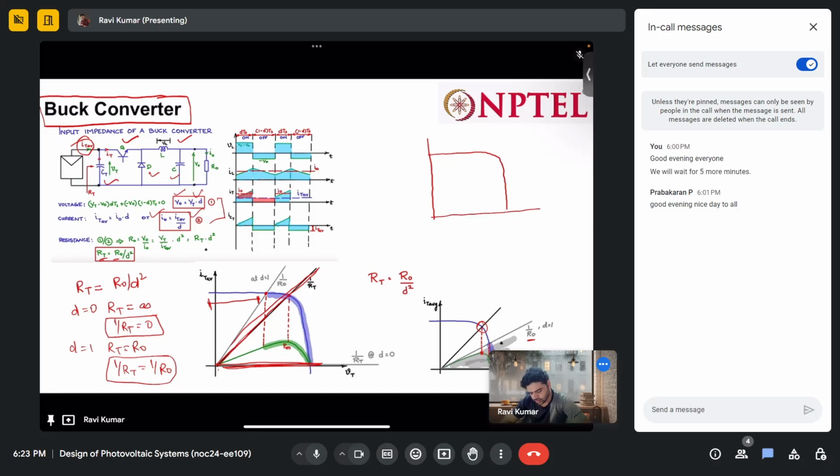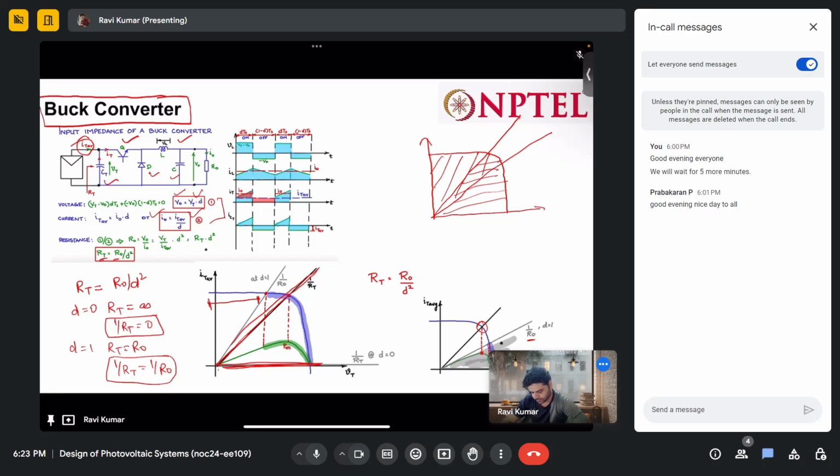One portion is giving this thing, we can track this area, and with the other one, we can track this area. So I think using both, we can track the entire IV curve. Yes, using both at a time, boost as well as buck converter, we can trace the entire path.